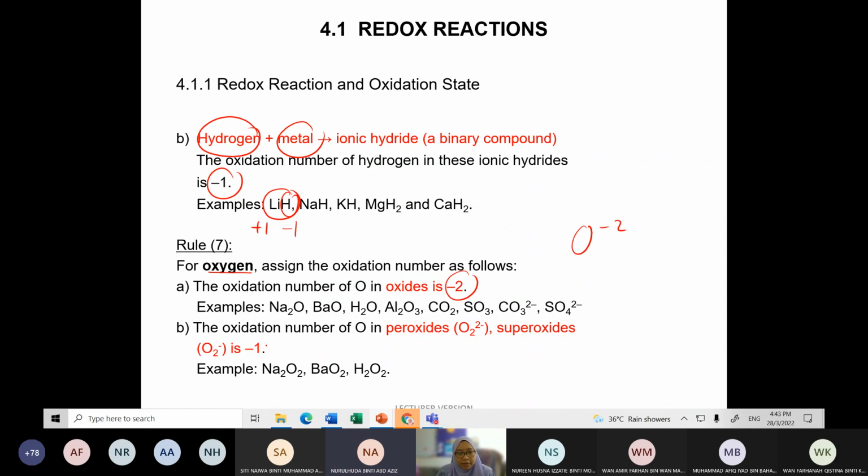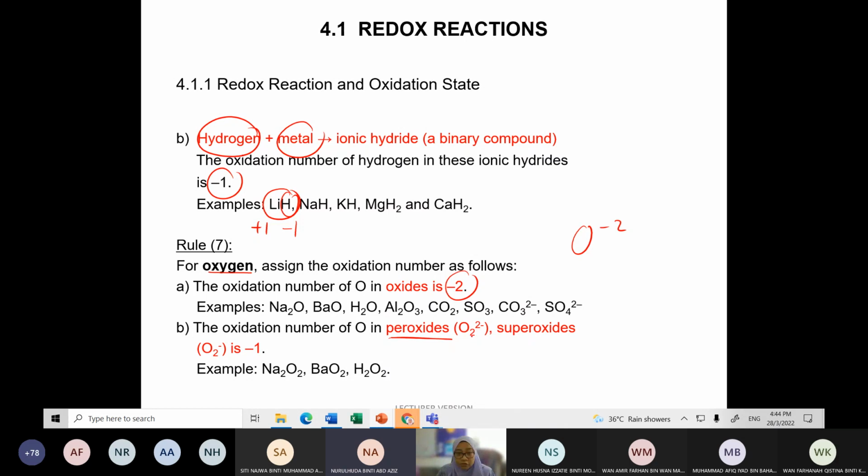Okay, another example, other than negative 2, it can also carry other oxidation numbers ataupun other oxidation states. Okay, so dalam peroxide, oxygen in peroxides. So this is the chemical formula of the ions.